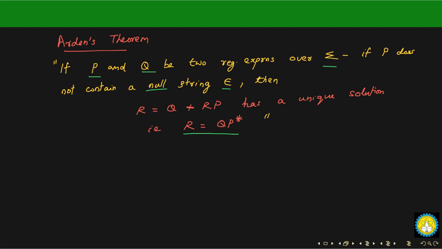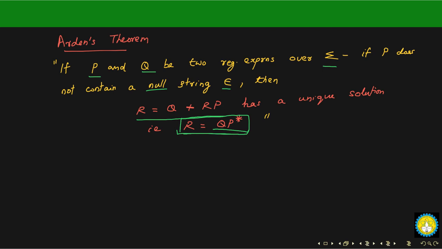So if you are able to represent R in the form Q plus RP, then according to Arden's theorem, it has a unique solution, that is R equal to QP star.